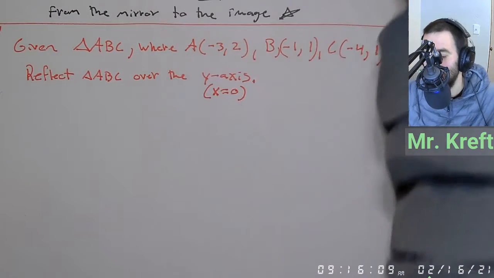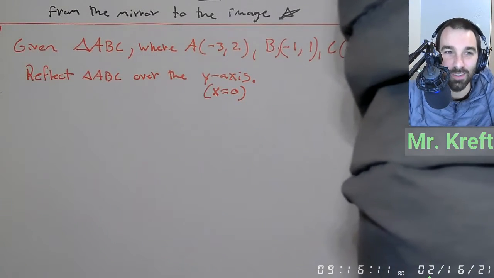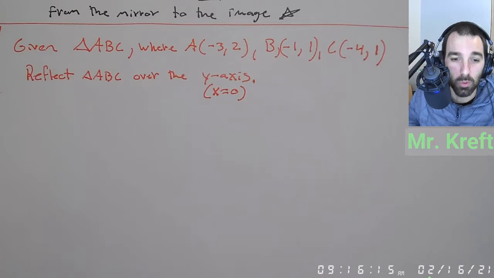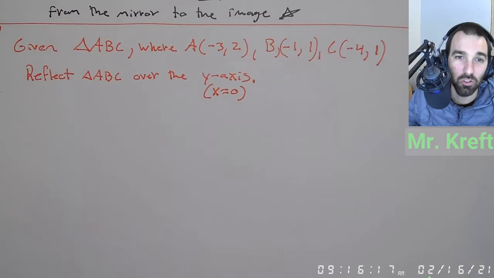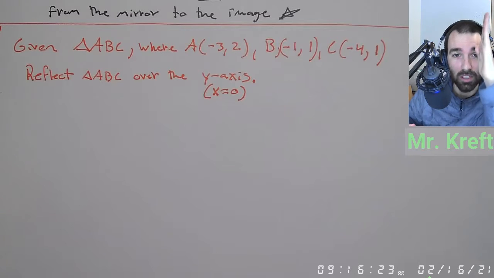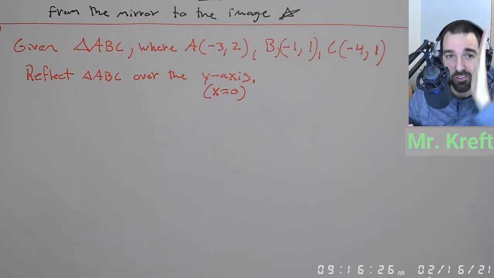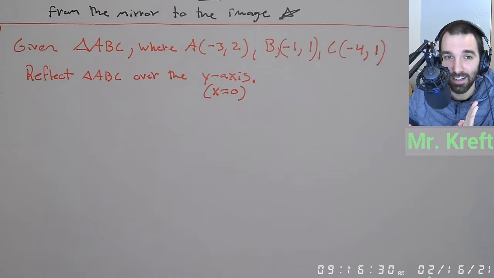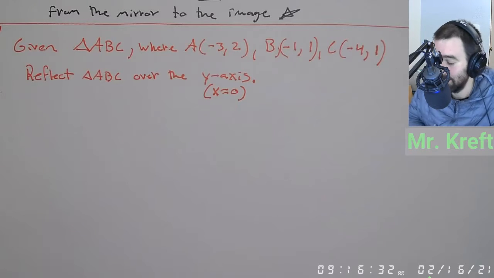Okay, so that's just a little review there, right? So x equals 0 is the y-axis, and you hopefully learned that in Algebra 1, right? Which is weird. I know a lot of people get confused. It's like, well, why is it x equals 0? It's the y-axis. Because remember, x equals 0 means all the y's change and x doesn't change, right? So the y-axis is changing in y, but not changing in x. So x stays the same.